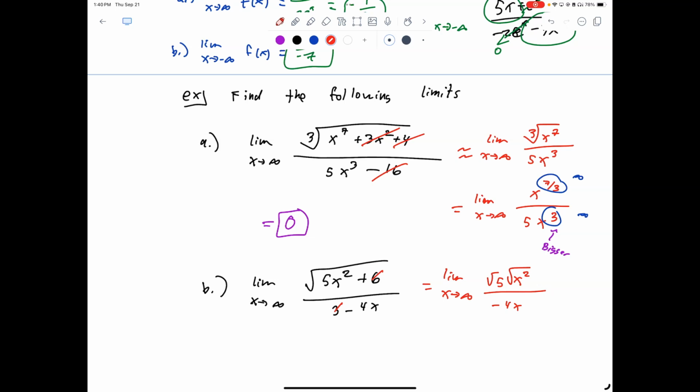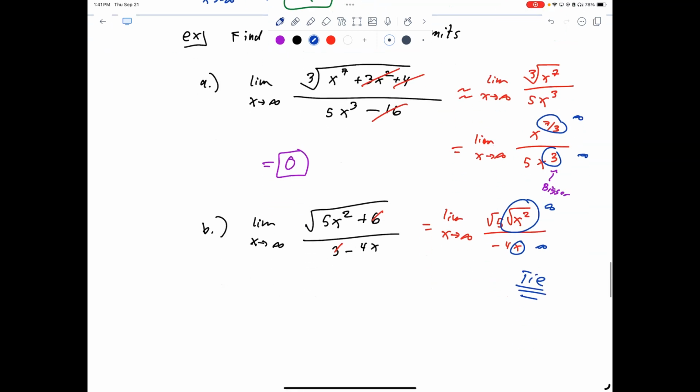All right, who wins? So this goes to infinity, this goes to infinity, right? So the square root of x squared is what? X. And this is x. So it's a tie. When it's a tie, the answer is the leading coefficients.